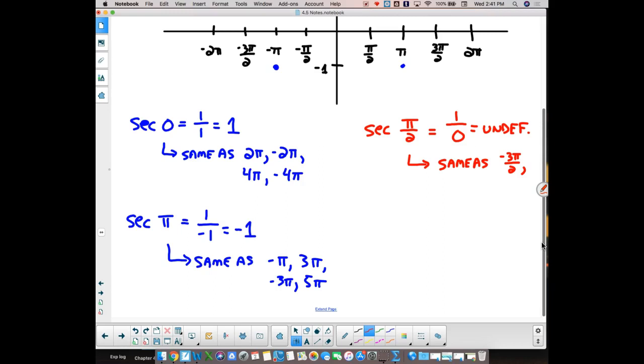Go outside our range. 5 pi over 2, negative 7 pi over 2, 9 pi over 2.